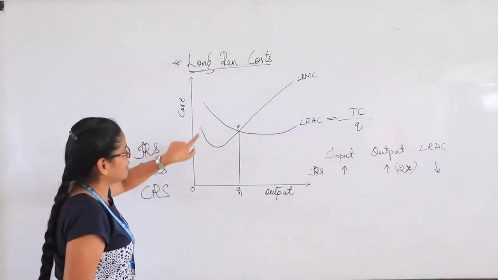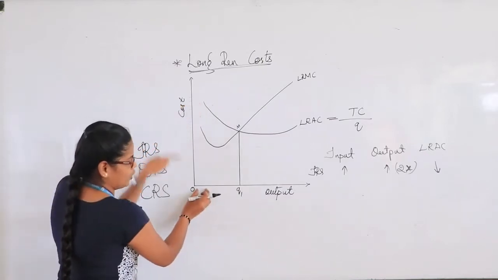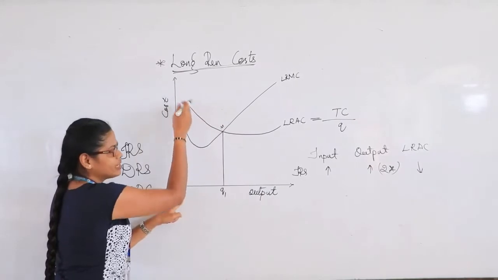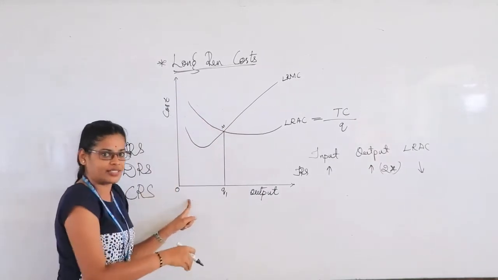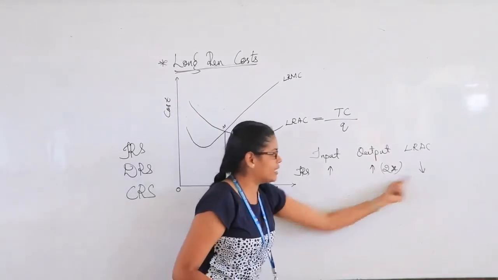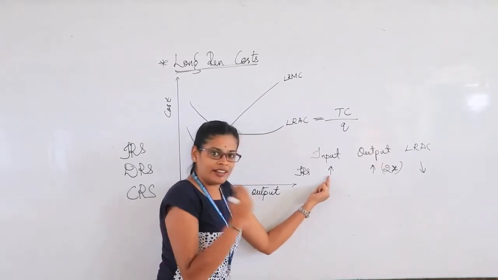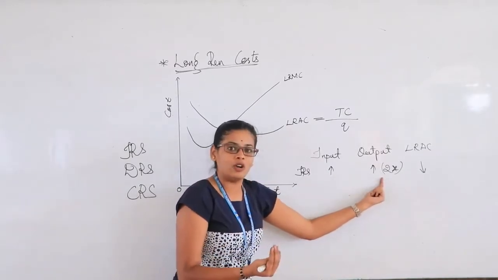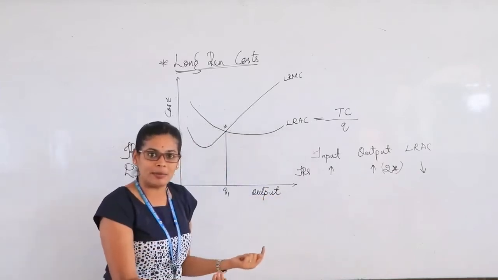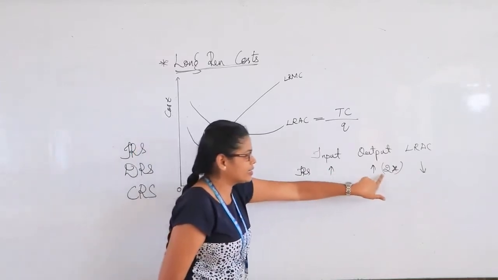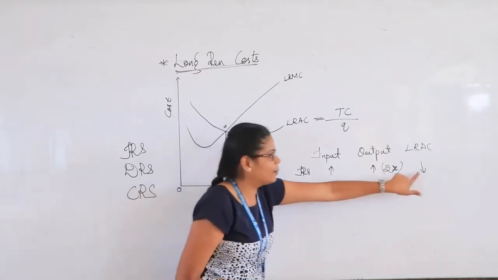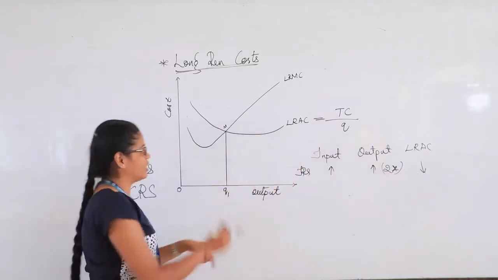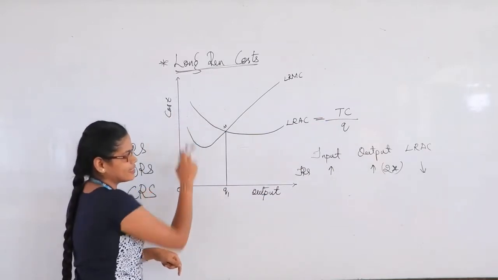See, you can see here, right? As you go on increasing the quantity, what is happening? The curve is falling down, right? It is decreasing. If you increase the inputs in the IRS, what has to happen in the output? It has to be double the input, right? So that's the reason output is also double. But here the average cost is decreasing. This line tells us.